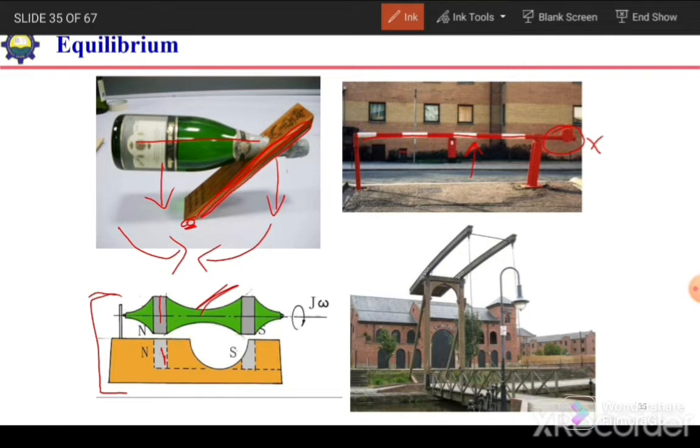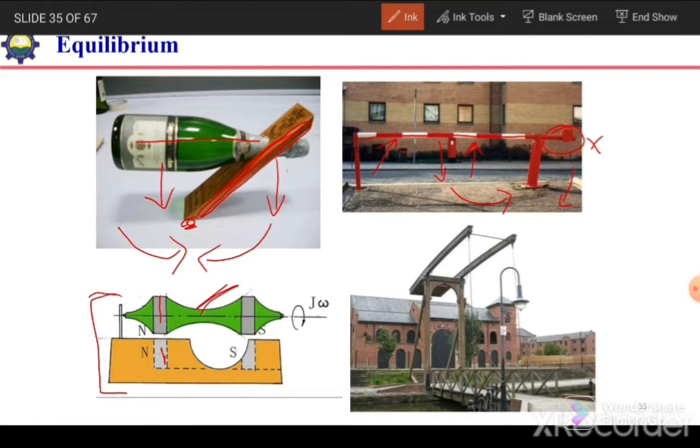But if we apply a counterweight at the back side and bring it into equilibrium, so that the moment because of this counterweight and the moment because of the weight of this barrier are equal, then it will stay at its original position. And if we want to open it, we need just a small thrust or small force to open this barrier. So this concept is used to design these barriers.